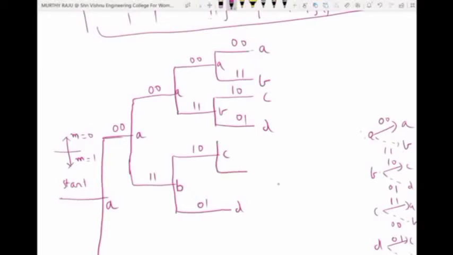Here C to A, C to B. Consider this one. The output is 1 1 0 0.